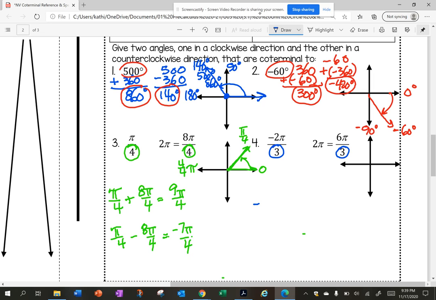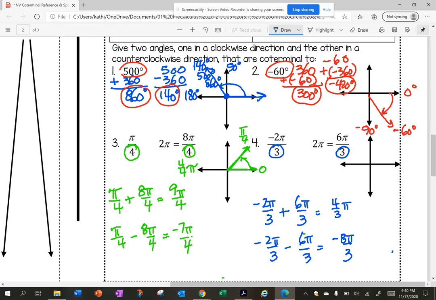So I have negative 2 pi over 3 plus 6 pi over 3 and negative 2 pi over 3 minus 6 pi over 3. So negative 2 plus 6 is 4/3 pi. And negative 2 minus 6 is negative 8 pi over 3.